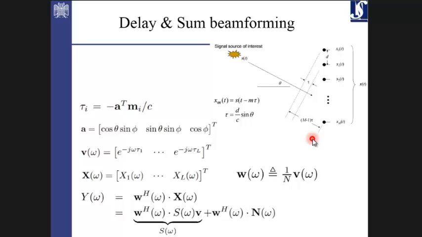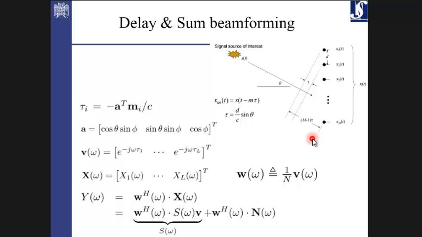So n over n becomes 1. 1 times s, so W Hermitian x gives us s plus the value here. So we've got s, but we also have some part of the noise, and we hope that this is attenuated.